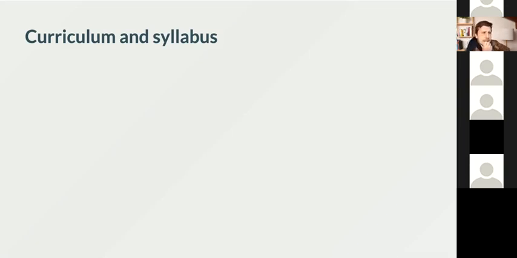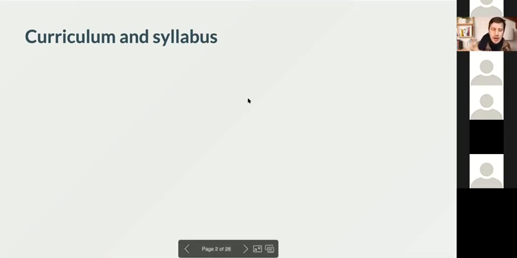Okay, it's interesting. I'm not sure that's the most typical difference, but it might make sense. So to be very clear about this, curriculum and syllabus are many times used completely interchangeably. So many times people say syllabus or say curriculum and they mean the same thing.